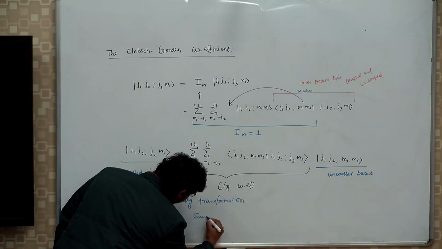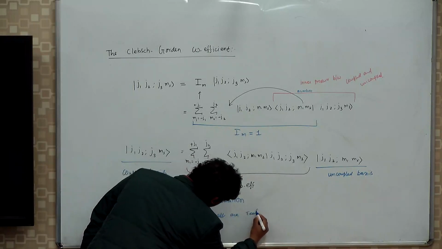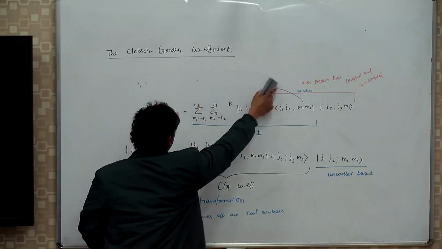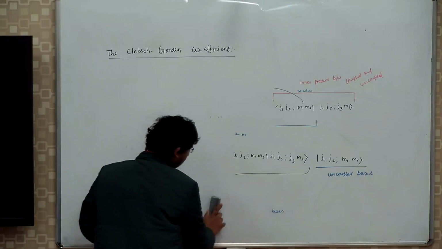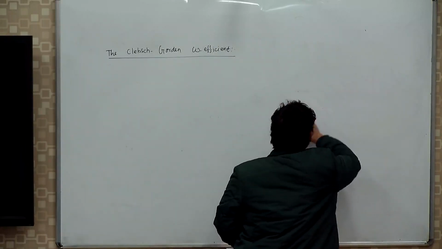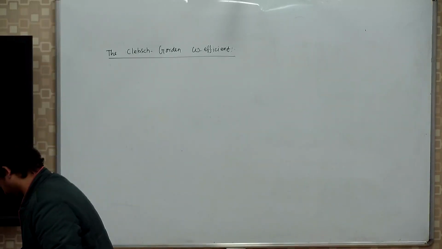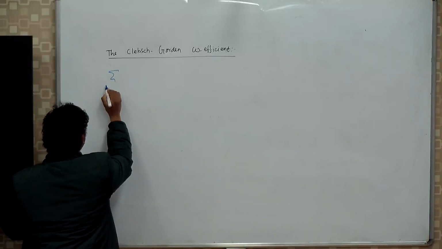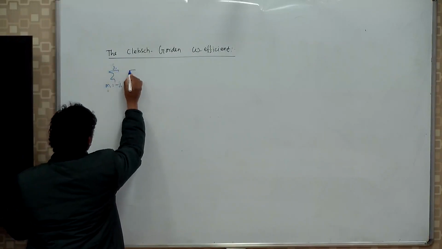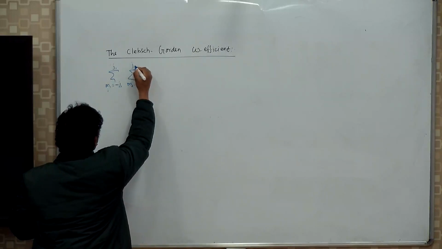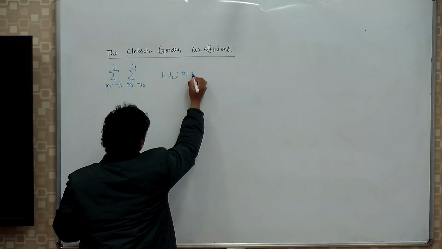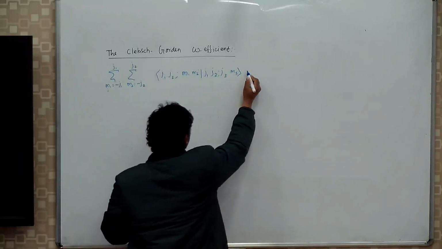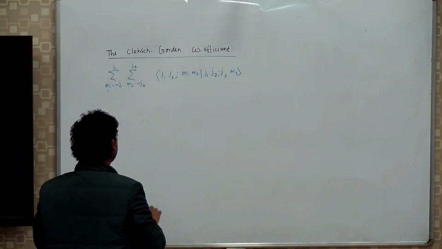The entries are all real numbers. If all the entries are real numbers, then in the CG coefficient, this is nothing but the coefficient, a scalar quantity, a real number.